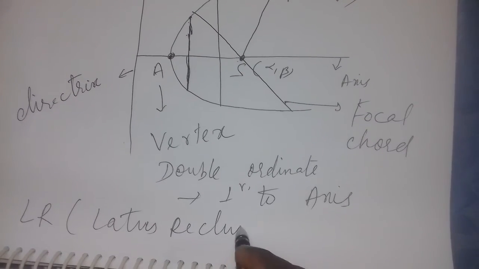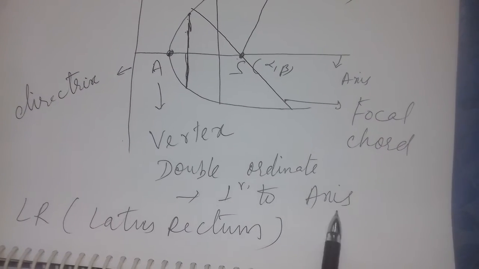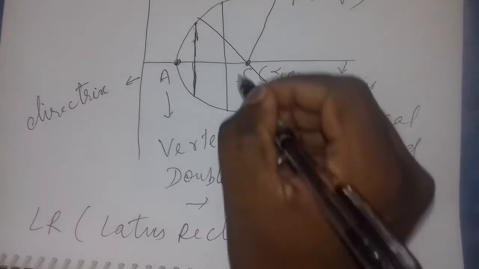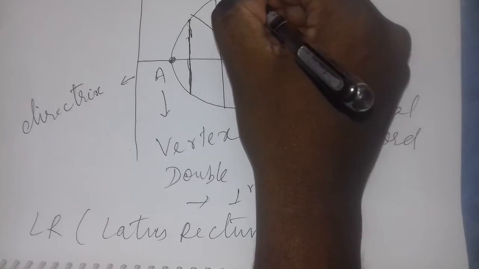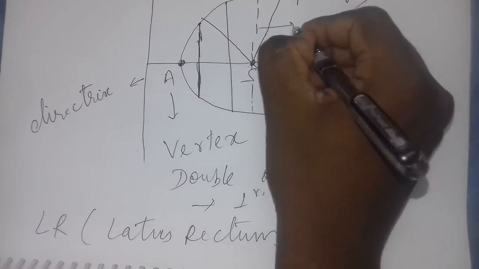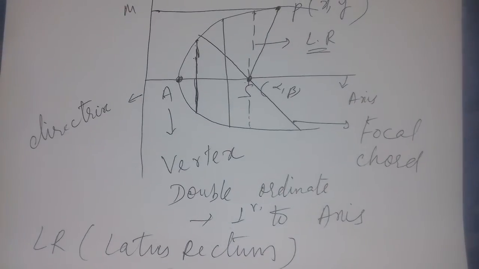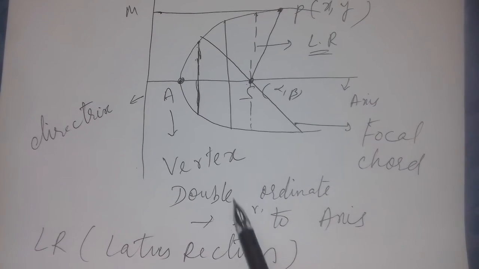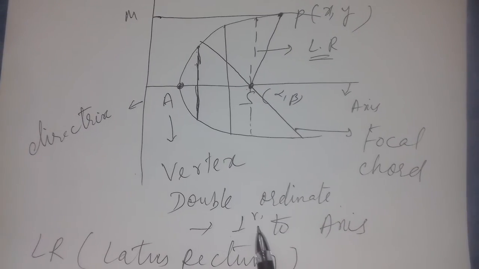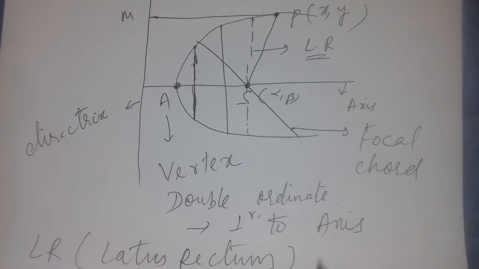Next we have something called latus rectum. Latus rectum is a double ordinate. Double ordinate is what? Perpendicular to the axis. Latus rectum also is a double ordinate but passes through the focus. So if you have a line like this which passes through the focus, this dotted line is called the latus rectum. So I repeat again, double ordinate is a chord which is perpendicular to the axis, but latus rectum is a double ordinate which passes through the focus.